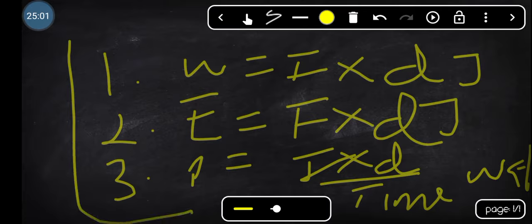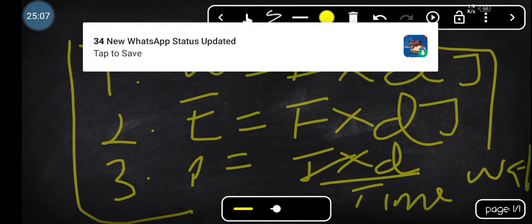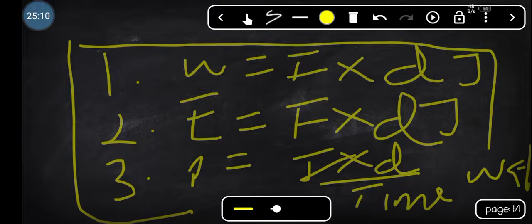All of them are scalar quantities. And of course, you should know that for work to be done, the distance must be in the direction of the force. That's why we say force times displacement. Energy is the capacity to do work. If there's no energy, there cannot be work. Then we have power. Power is the rate at which energy is being expended, or the rate at which work is being done.